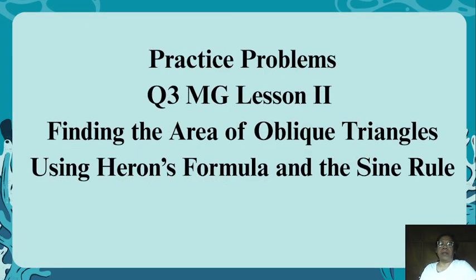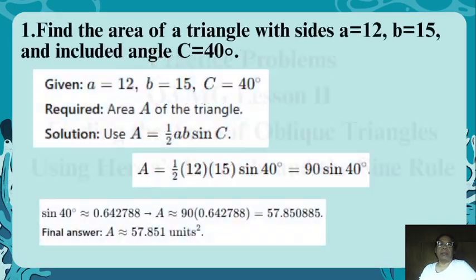Practice problems for our Quarter 3 Measurement and Geometry lesson Roman numeral number 2, finding the area of oblique triangles using Heron's formula and the sine rule.